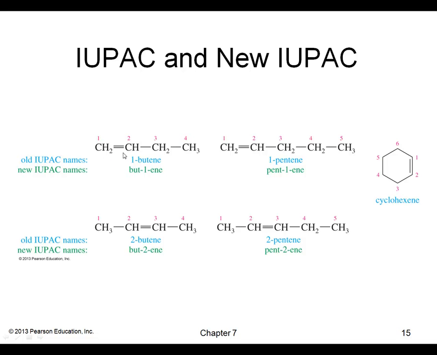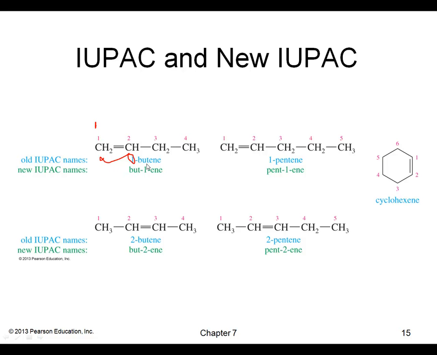So here I have a 4-carbon alkene, so I'll want to number from this end because the double bond is closer to this end. So we get these numbers, and the number I put out in front is where the double bond begins.